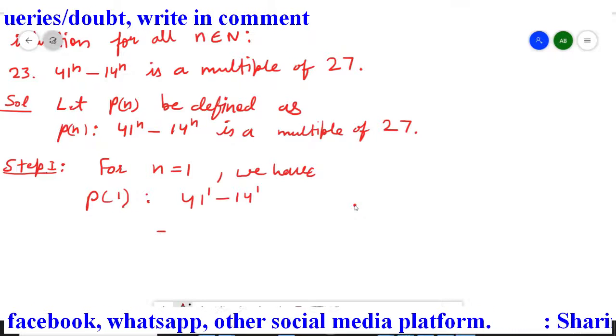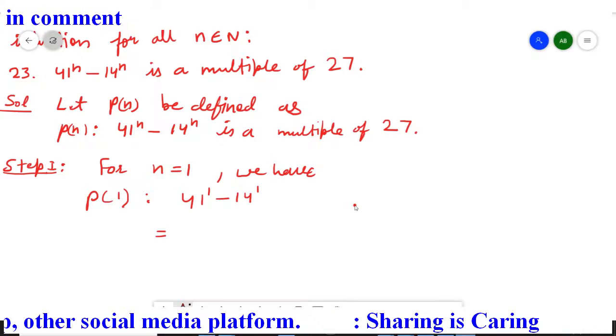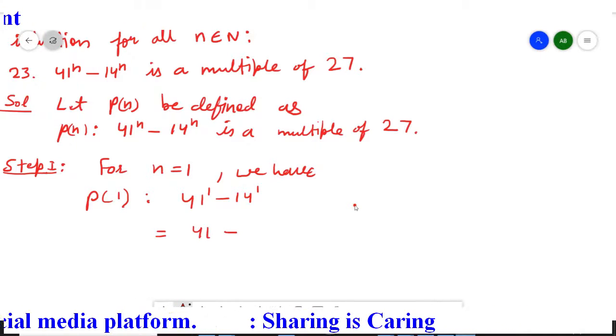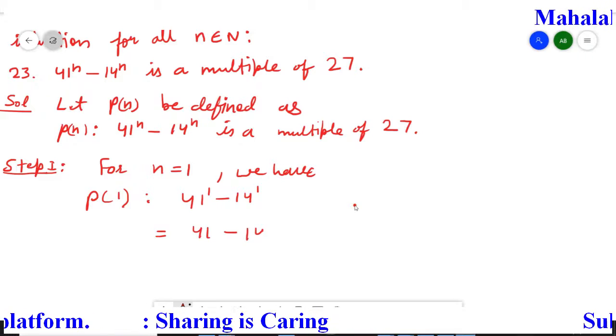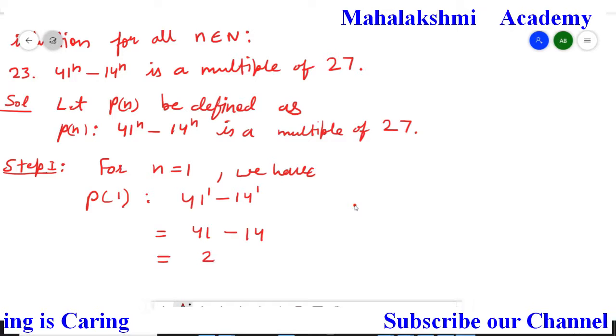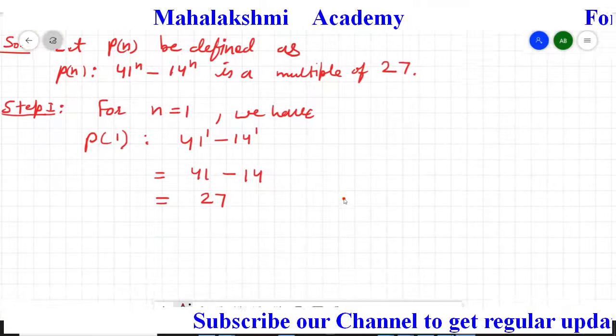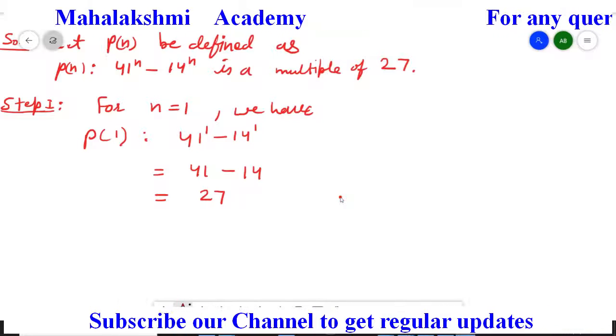Now we have to check whether it's divisible by 27 or not. So 41 raised power 1 is 41 only and 14 raised power 1 is 14. Now when we subtract here, we get the answer 27. Now 27 is divisible by 27, so we can see that P1 statement is true.